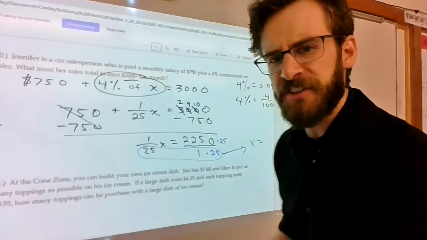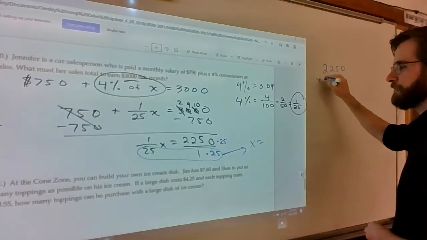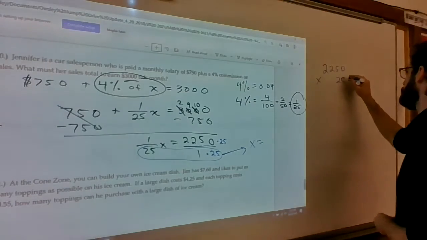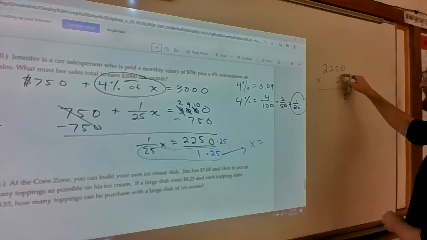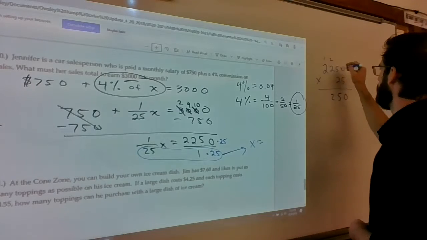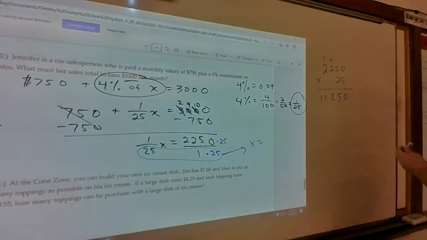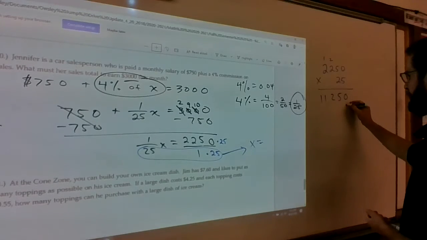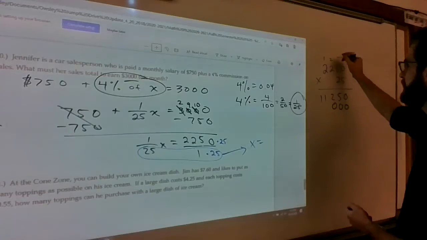So I'm going to go off to the side with some scratch paper. Take 5 times everything in the top. 10, 12, 10, 11. For my second line, I need to drop a 0, take 2 times 0, 2 times 5 is 10.